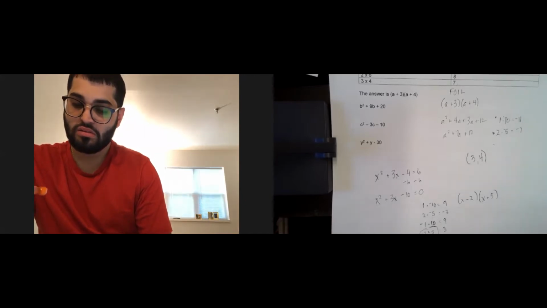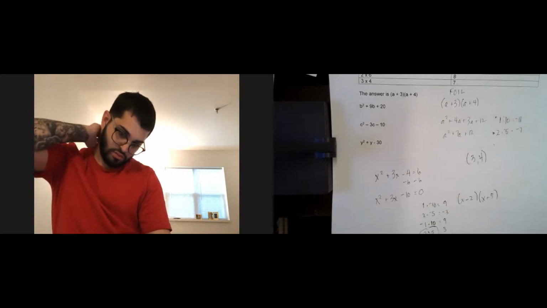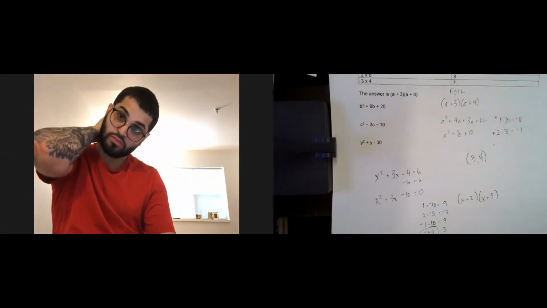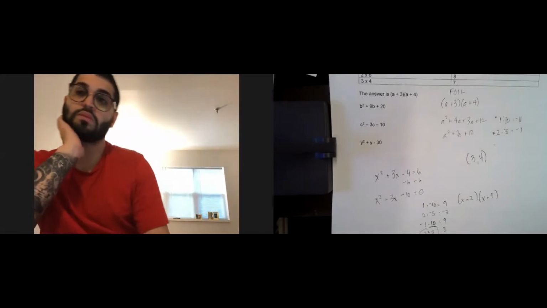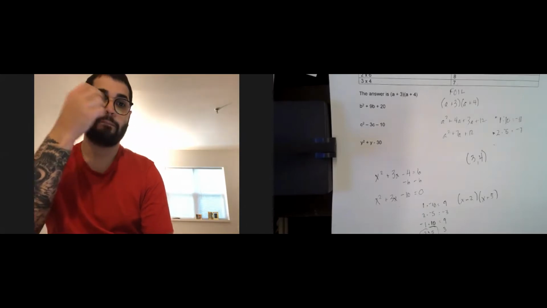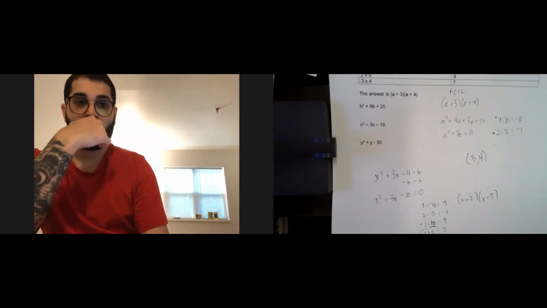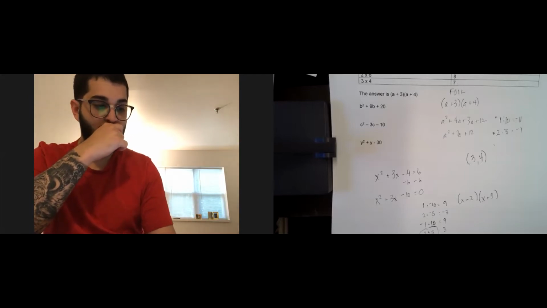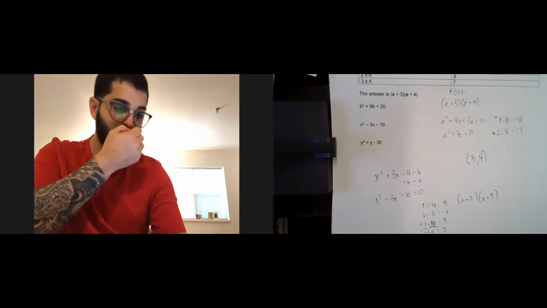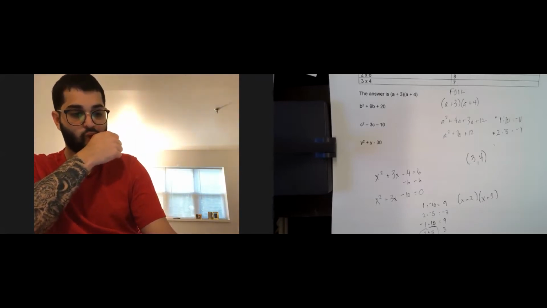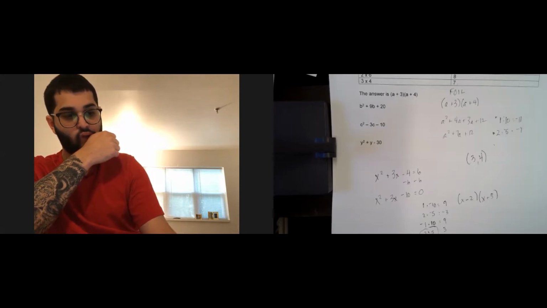So let's see. It's y squared plus y minus 30. Because if we do 1 and -30, it's going to be -29. 2 and -15 is going to be -13. 3 and -10 are going to be -7.